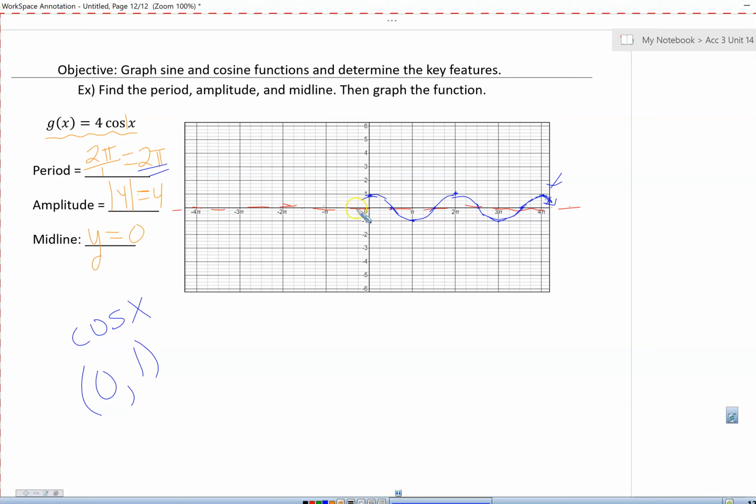Backing it up from a maximum, it goes to its midline, to a minimum, to a midline, maximum, midline point, minimum, midline, maximum. And then draw your curve. And again, that's a maximum, so it turns around and heads down. So watch your end behavior there also. And there it is.